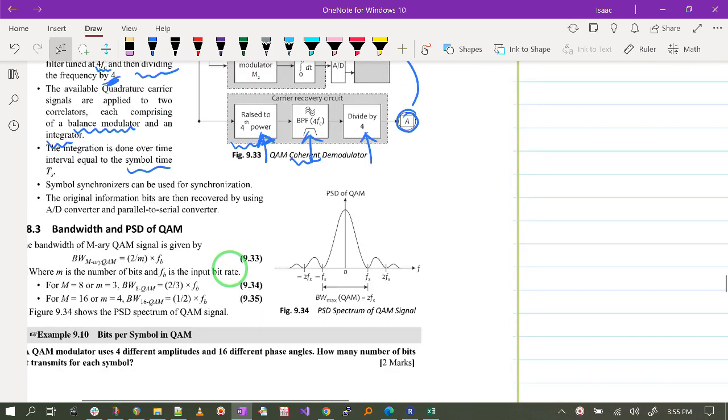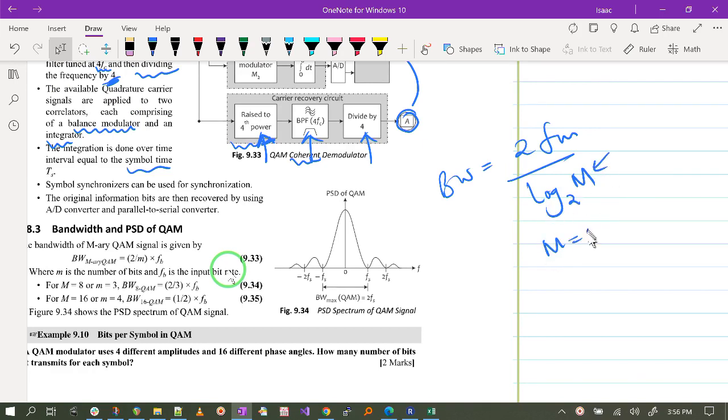Now we talk about the bandwidth of QAM, rather straightforward, similar to what we did with M-ary PSK. The bandwidth is given by 2FB divided by log base 2 of M, where M is the number of symbols. In our case, M equals 4. Therefore log base 2 of 4 becomes 2, and this 2 cancels out, and for 4-QAM we are left with a bandwidth of FB.